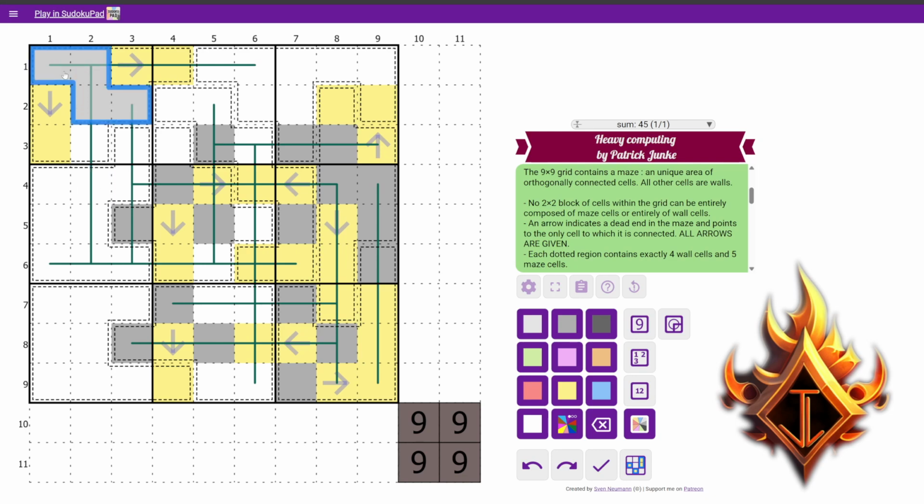Oh, we have 4 in this one. We have 4 wall in this region up here. So that one is yellow.